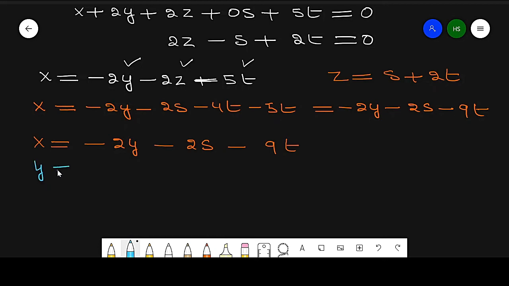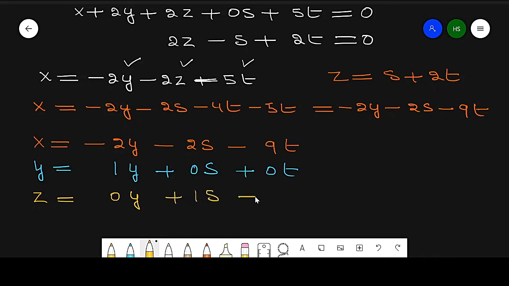And y can be written as 1 into y plus 0s plus 0t. Third is z, whose value is given: 0y plus 1s plus 2t.